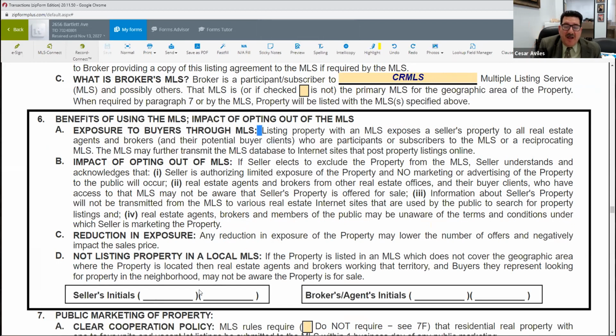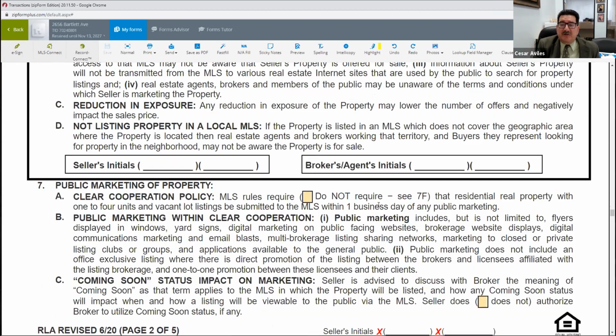Then the seller initials here that they read this box, and then the agents initial. I see about 60% of all the listings that come to the company failing to initial here. Please don't do that. Initial where you're supposed to initial. Agents initial right there that you explained that to the seller.